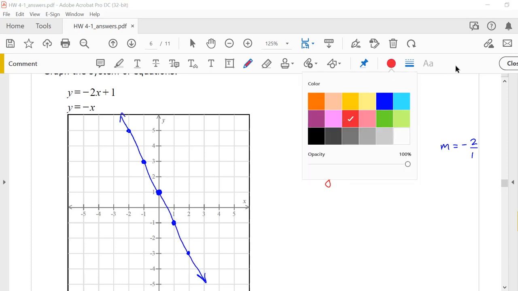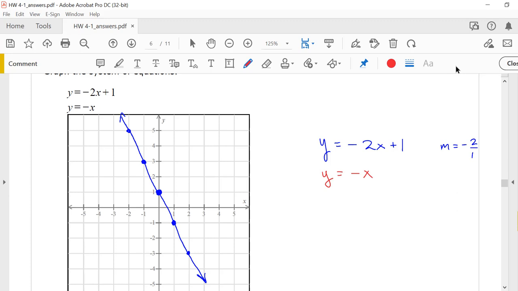And my red line, my y-intercept is 0, but my slope is negative 1. So I'm going to go up 1, left 1, up 1, left 1, or I could go down 1, right 1. So my red line looks like that.